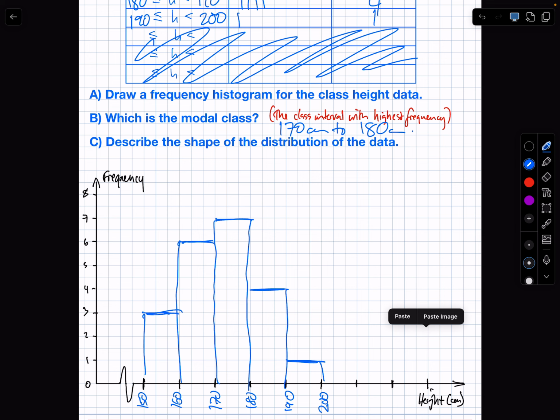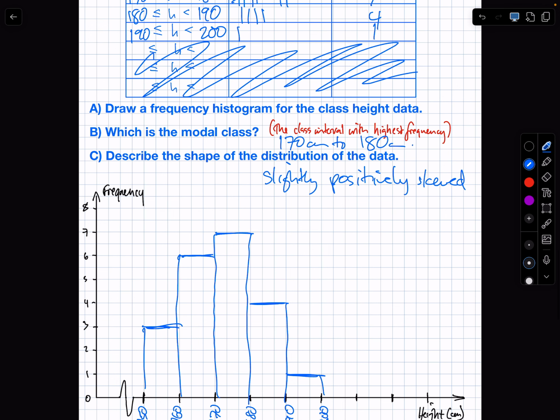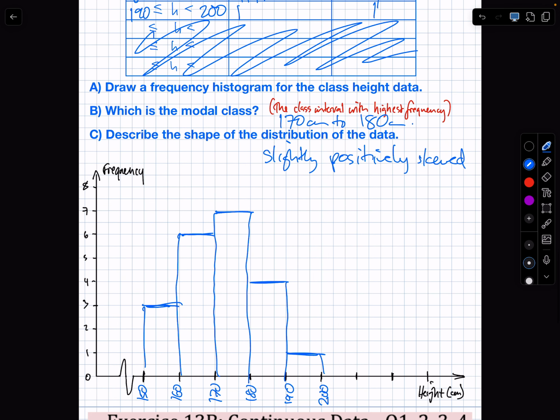On the left. Yeah. So you could say that this is slightly positively skewed. That is continuous numerical data and how you draw a graph on it. No gaps. And you need to divide your data into these interval things here.